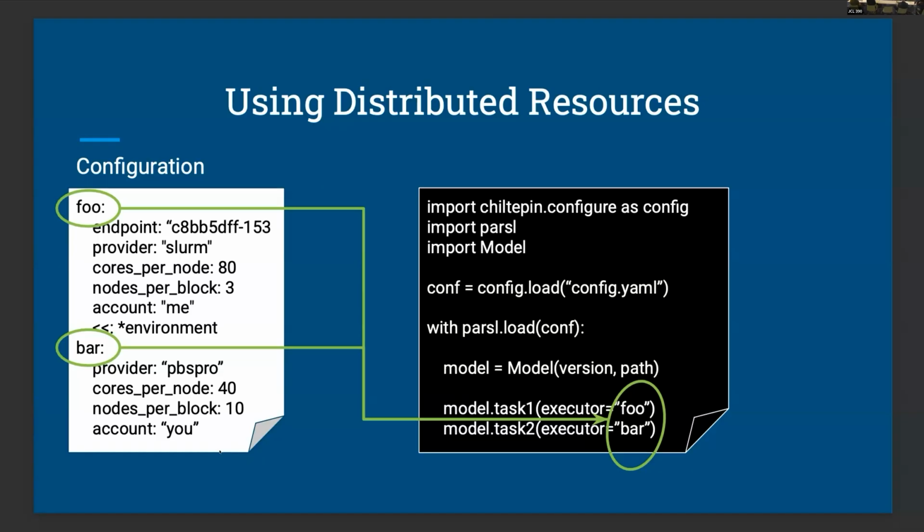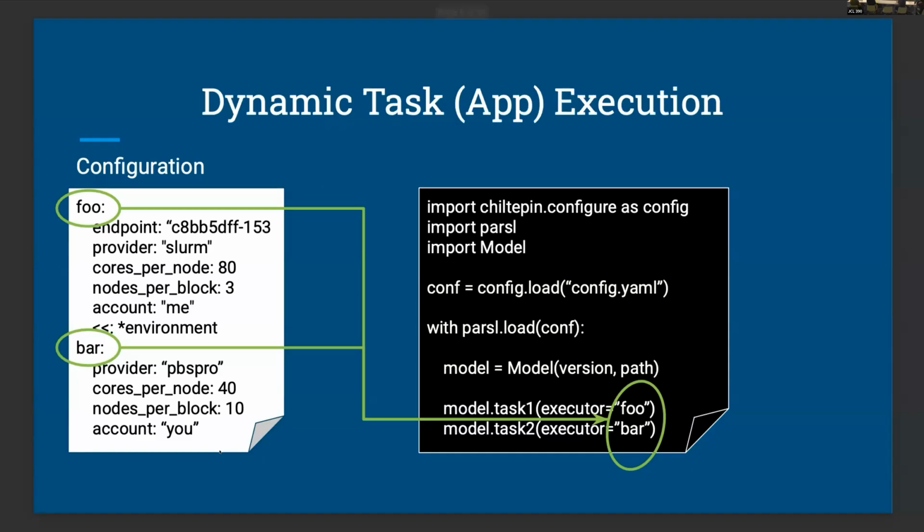We can choose the name at runtime, where they're deployed, where they get executed. So what this allows us to do leads into the next topic, which is the dynamic aspect of running the tasks. So we choose where these things go at runtime based on their name.